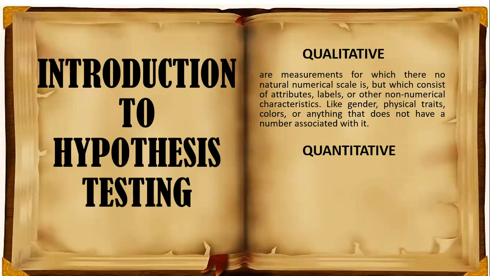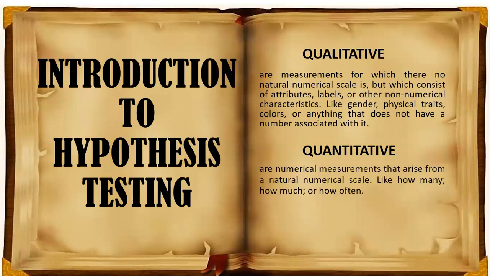Now, quantitative refers to numerical measurements that arise from a natural numerical scale, like how many, how much, or how often. From the word itself, class, quantity. So meaning, it measures numbers, and it involves numbers.